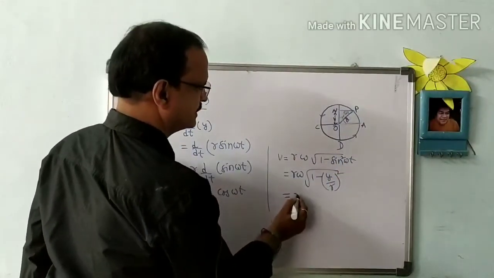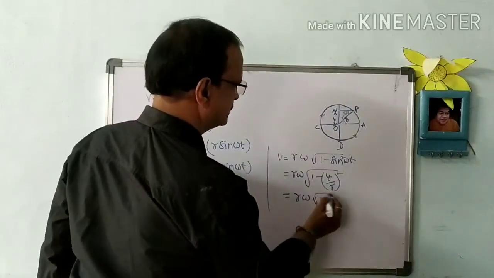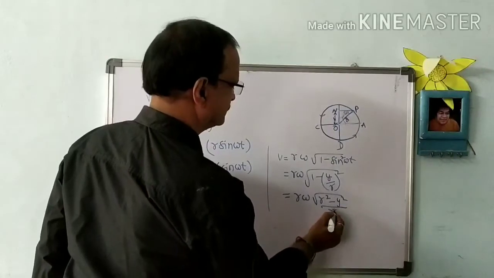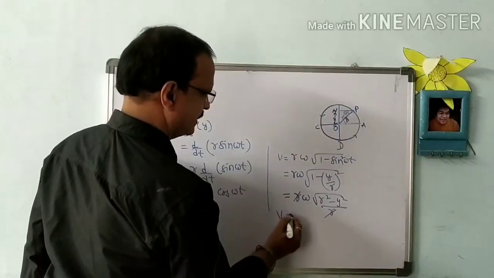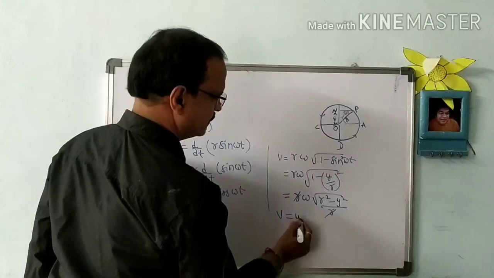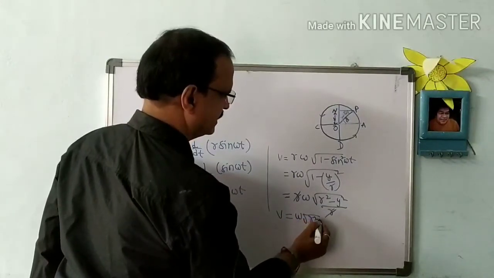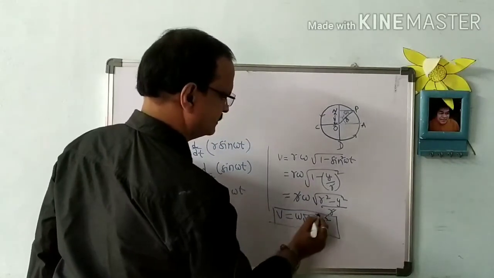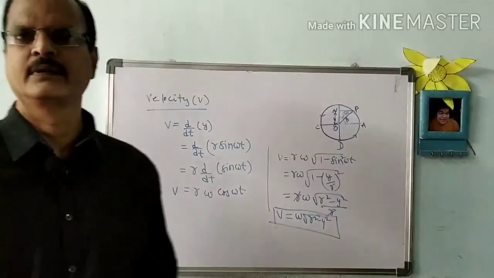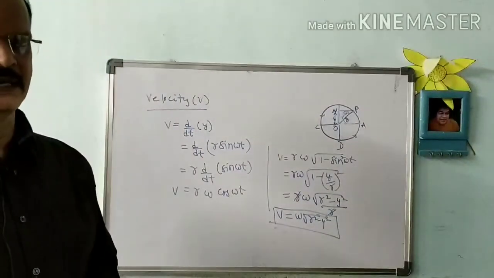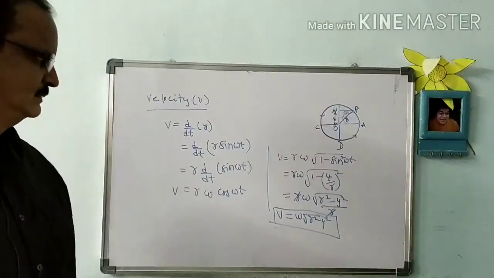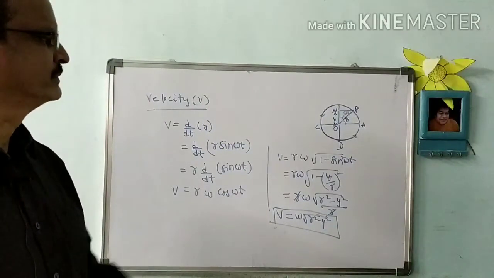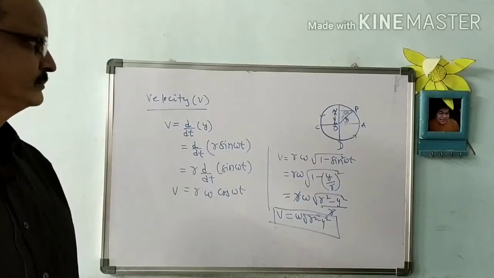So now A omega into root of (A square minus y square) by A. Cancel the A. Now we have v is equal to omega into root of A square minus y square. So this is the formula for the velocity of a particle at any position in a simple harmonic motion.